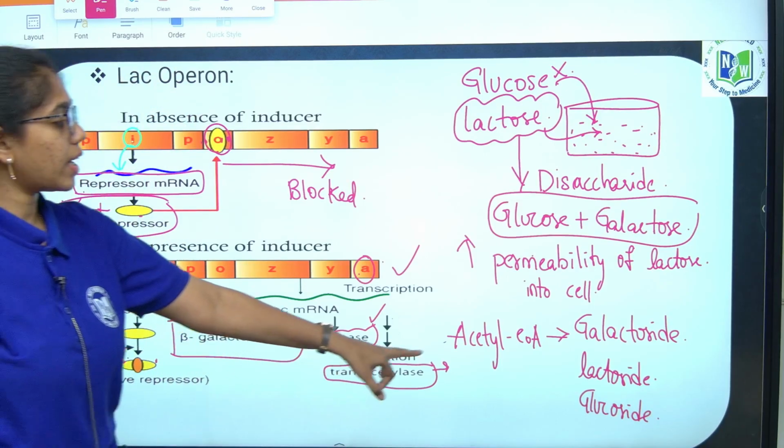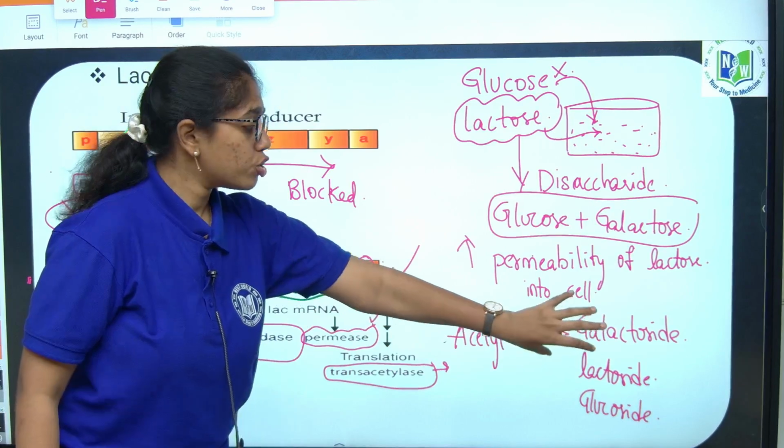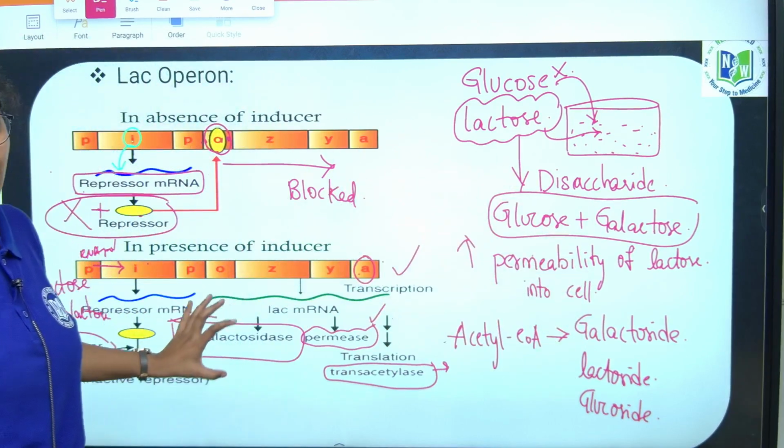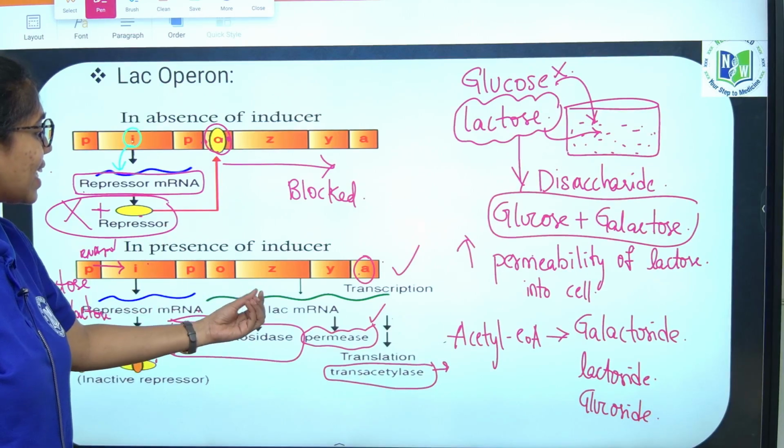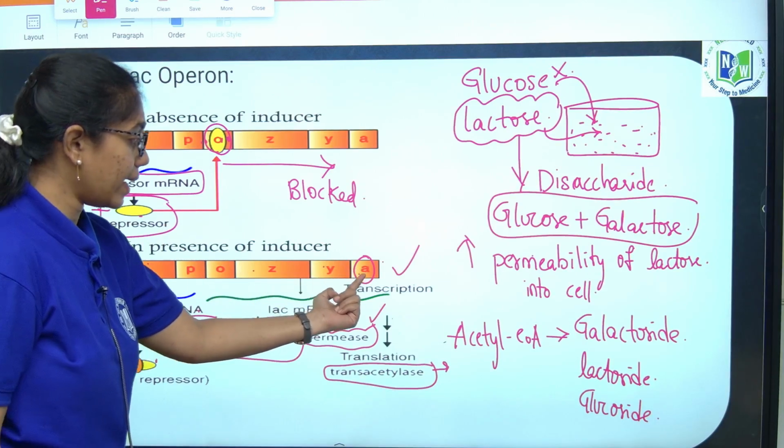Why is the acetyl group added to these sugars? So that they will not re-enter the path of gene expression. This is the activity of Z, Y and A genes.